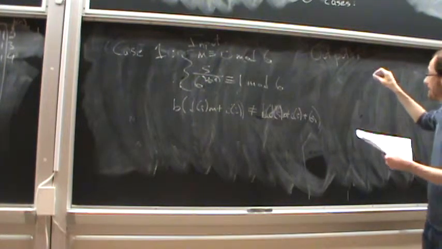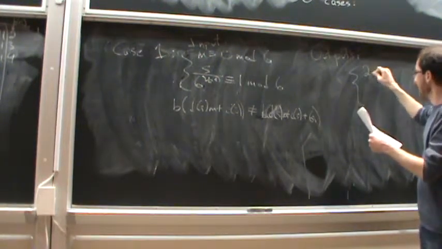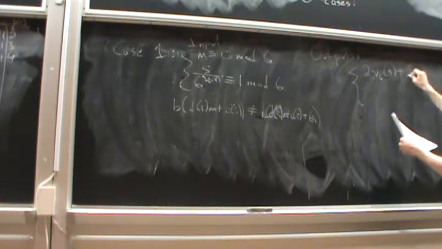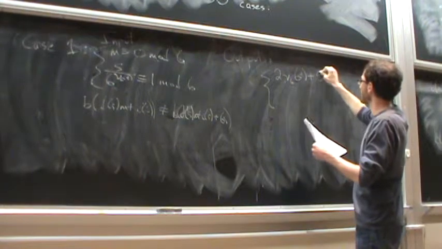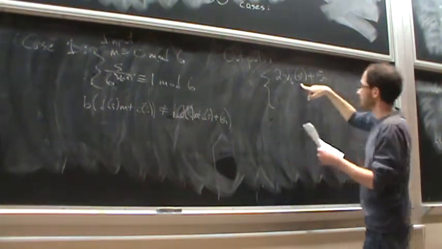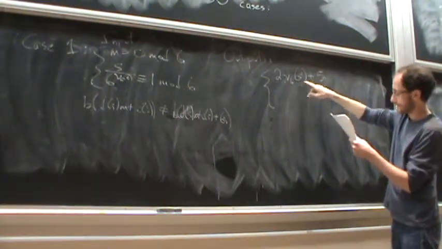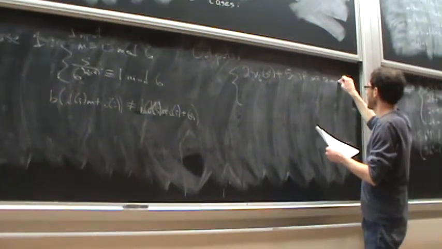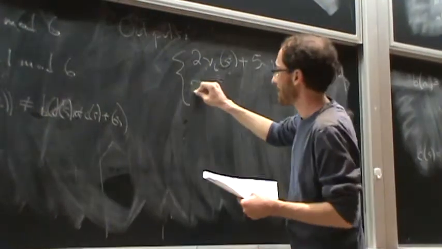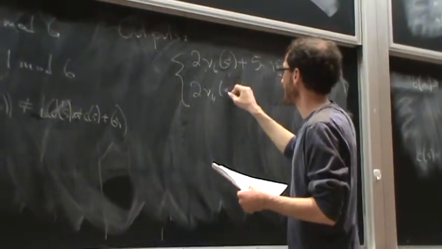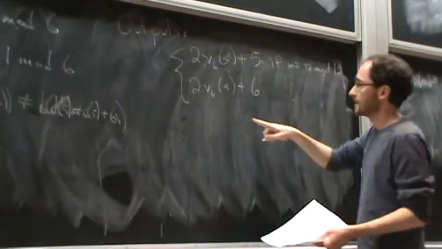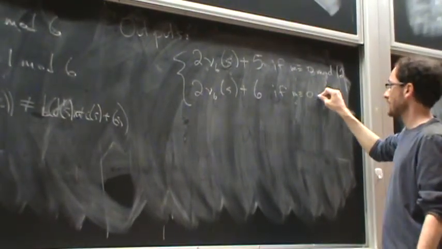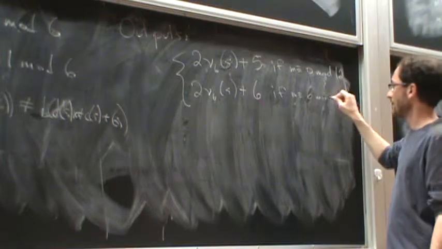And the output is the following. So I'm going to try to distinguish between 6's and 5's here. 2 nu sub 6 of S plus 5 if M is congruent to 0 mod 12. So mod 12 pops up instead of mod 6. And 2 nu sub 6 of S plus 6 if M is congruent to 6 mod 12.